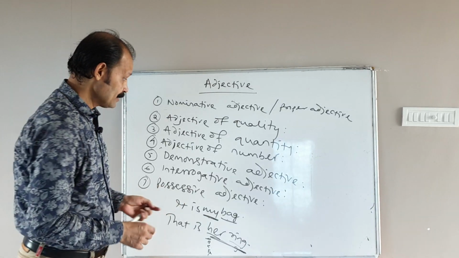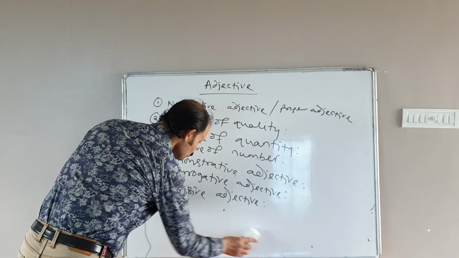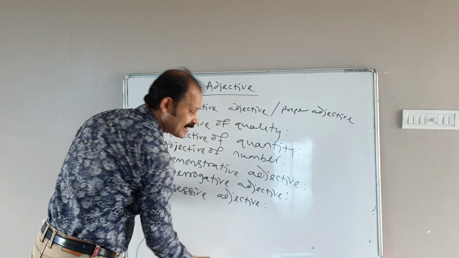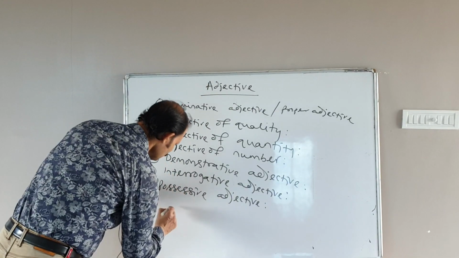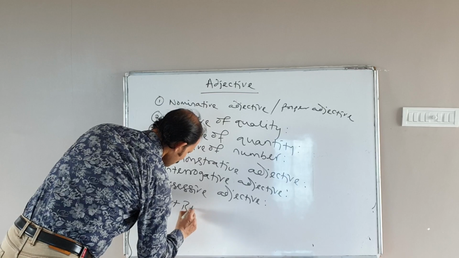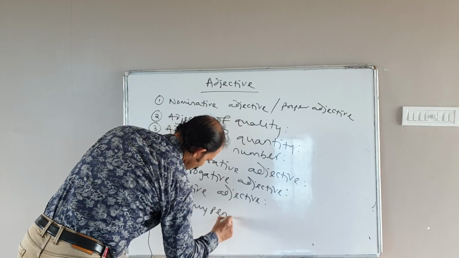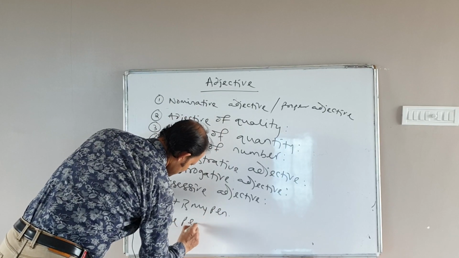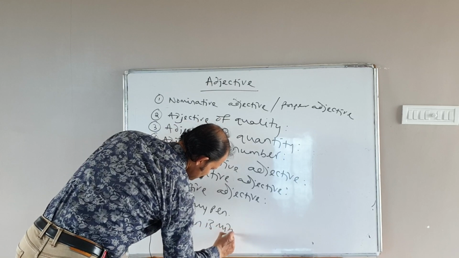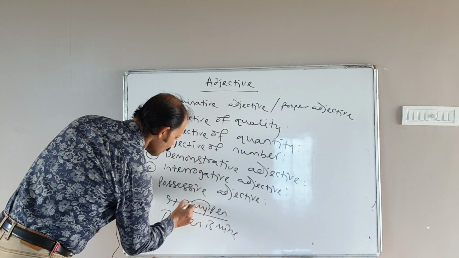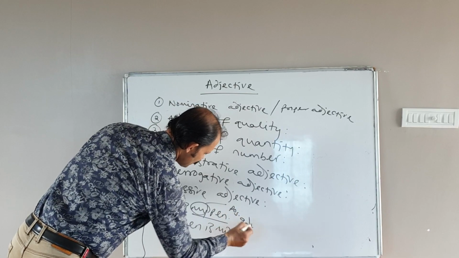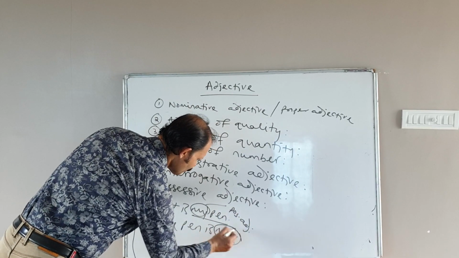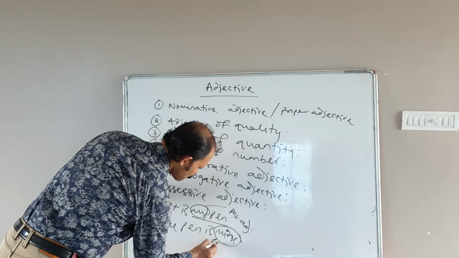But such words sometimes may be used as possessive pronouns, with a change in form. How? Check here. It is my pen. The pen is mine. Here my is a possessive adjective, but in the pen is mine, mine is a possessive pronoun.